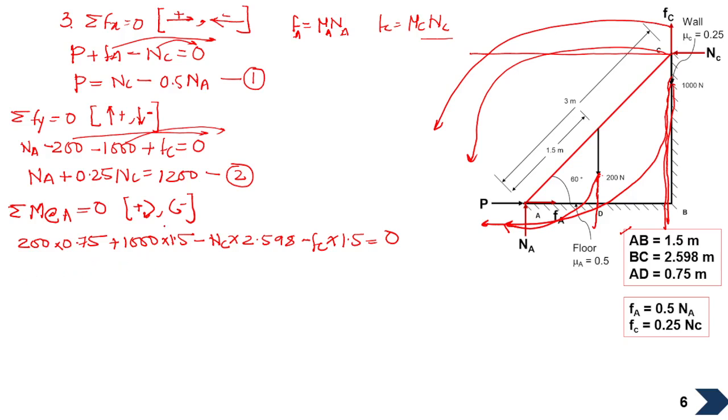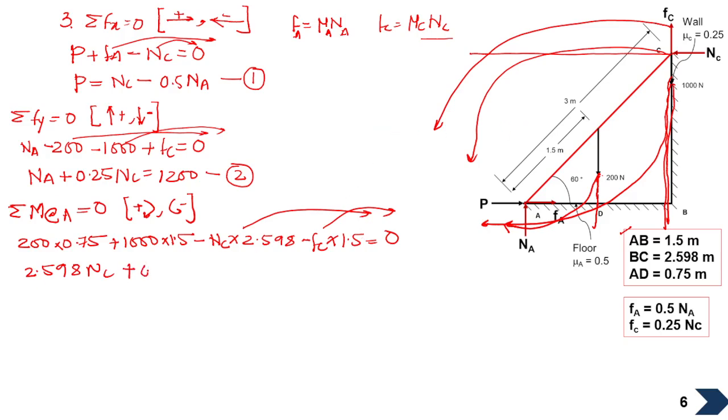We'll take these two terms to the other side of the equation to make it positive. So we'll have here 2.598 NC, and this will become positive. FC we can write as mu C into NC, so mu C is 0.25.